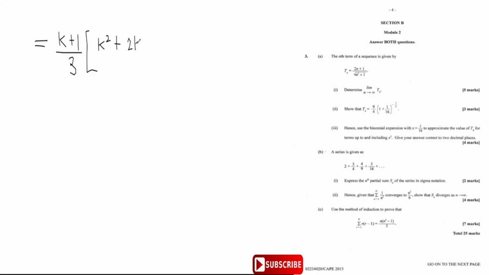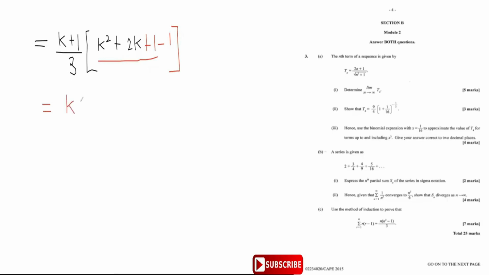You're going to say, plus what? Plus 1 minus 1. And you might say, why did I do that? I did that because I know that k squared plus 2k plus 1 is k plus 1 all squared.